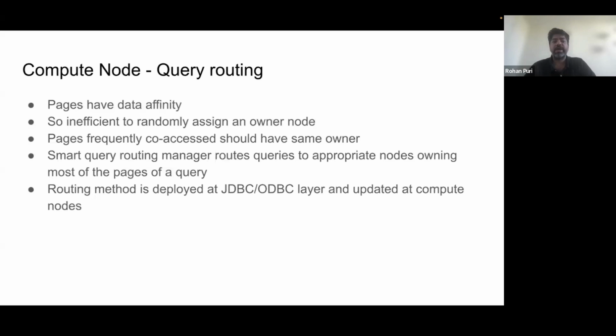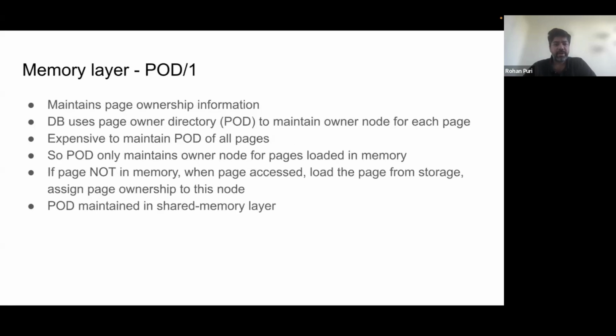So we want to route the query to a node that owns most of the pages. Pages frequently co-accessed should have the same owner, and this is where the smart query manager has some logic for routing these queries to those nodes.